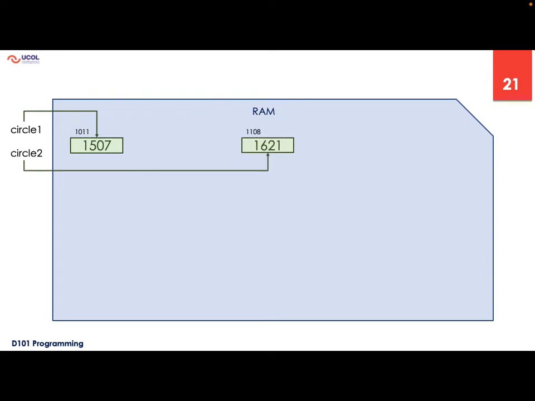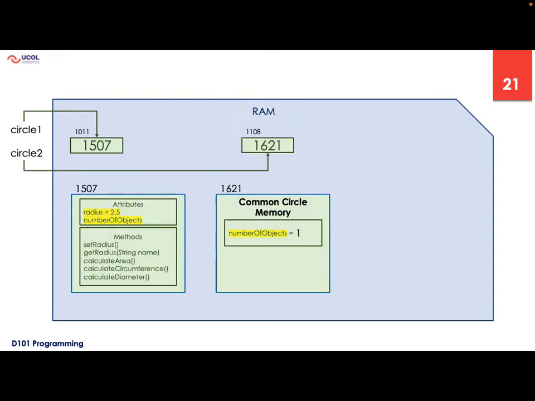These are the reference type variables. And then we are creating that particular specific object. This is the first circle 1 object of the class. And then this is the memory area, which is shared. The static things are shared among different objects. Only one copy of the number of objects will be there, and if we try to access that particular copy anywhere in the method or in the class, they are going to access the same one.